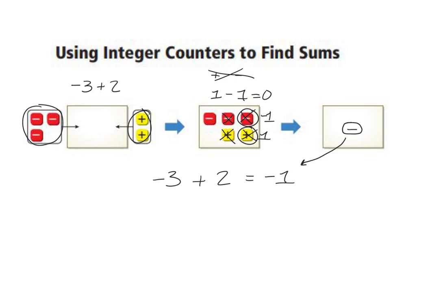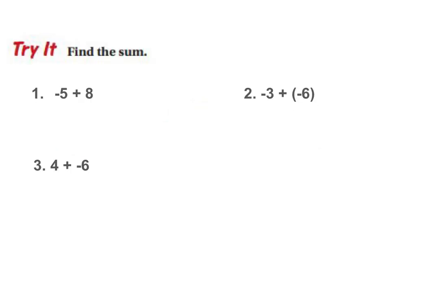Here are some examples that we might see come up that we can use these integer counters with. We will work a lot more with them in class, but just to model some of these, this is what it might look like. If I had -5 plus 8, I'm going to write 1, 2, 3, 4, 5 negatives, and then 1, 2, 3, 4, 5, 6, 7, 8 positives.